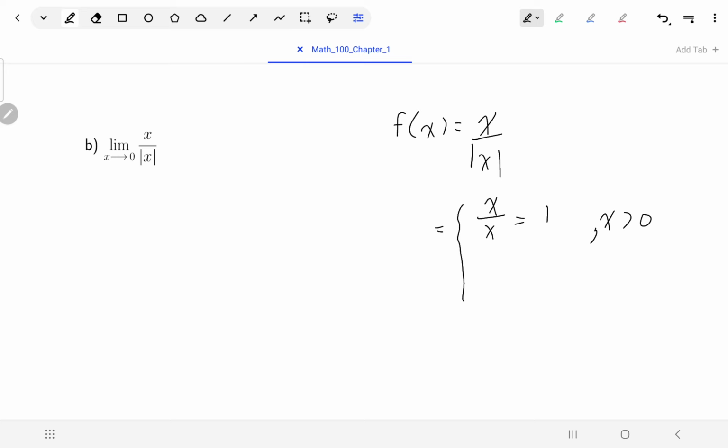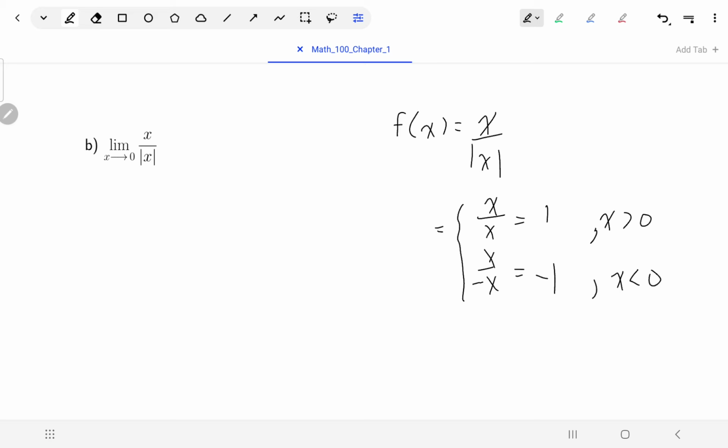And if you're talking about being in the part of the graph where the inside of your absolute value is negative, or where x is less than 0, then the absolute value will change the sign. So when you put in a number x, it'll give you the opposite of x. It'll give you negative x instead. And here, x divided by negative x will be a negative number.